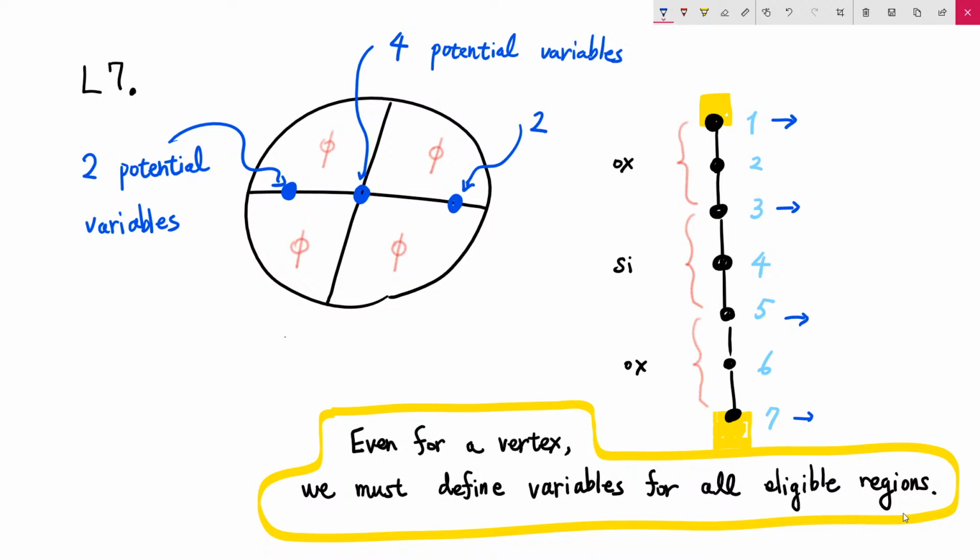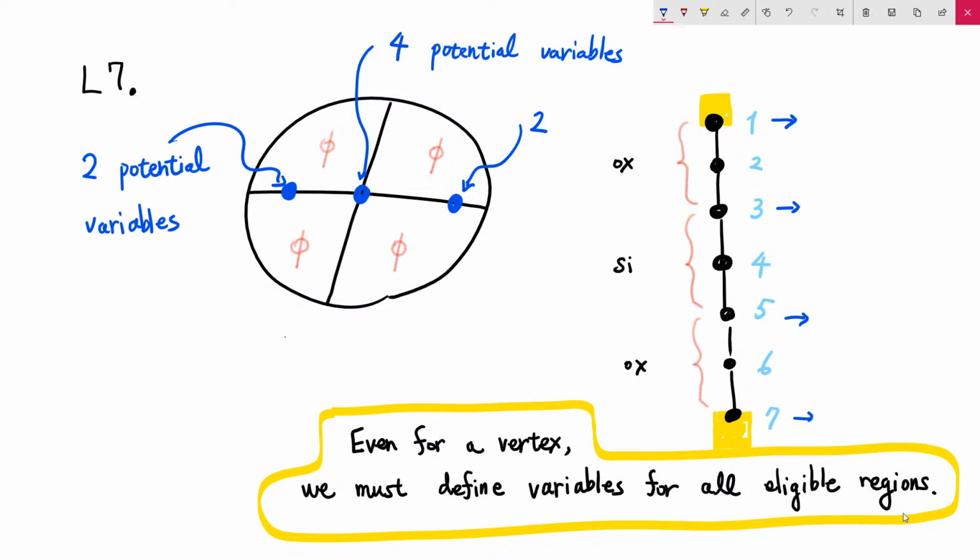Of course, you feel that that is really tedious and inefficient, because for that meeting point, where two regions are meeting together, or even at the center point where four different regions are meeting together, the potential from one region and another region will be the same.